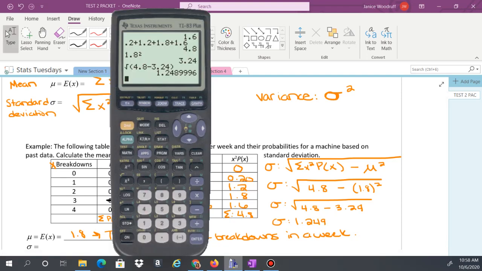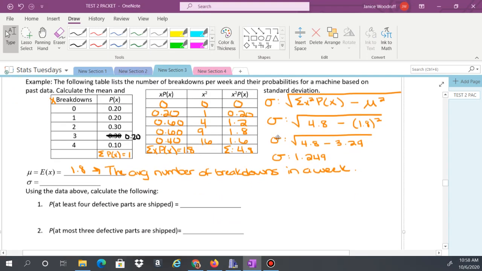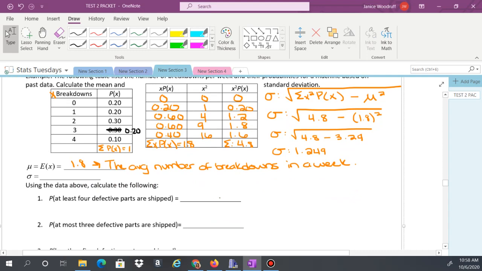So if I did 4.8 minus 3.24, don't forget to then take the square root of that number. So the standard deviation is 1.249.